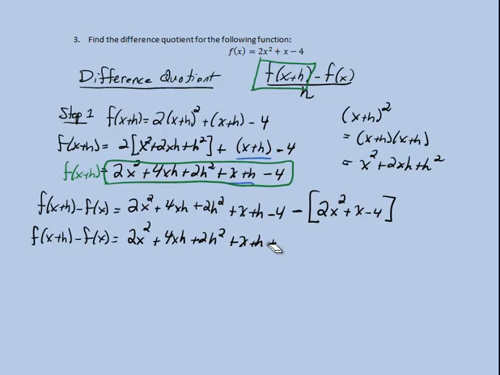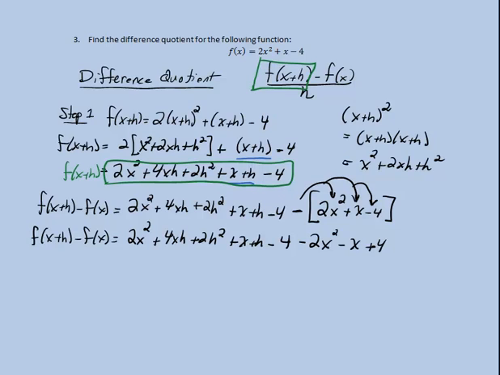Now I subtract the 2x squared plus x minus 4, so I have minus 2x squared minus x plus 4, because each one of these gets the negative distributed.